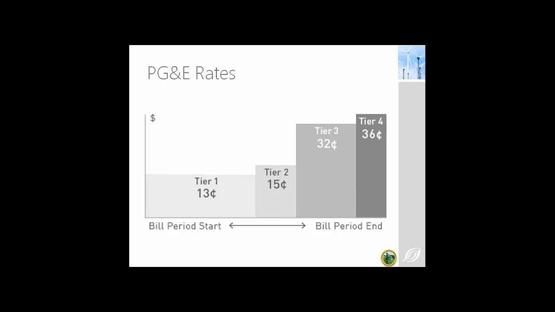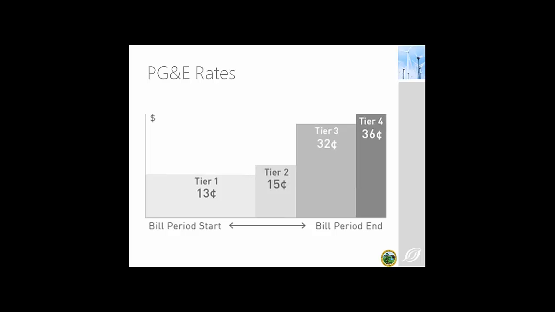So this slide is going to be slowly out of date, coming soon, but this is currently how the tiers and pricing work for PG&E's energy for your home. The energy you use at the beginning of the month is going to be less expensive than the energy you use at the end of the month. As you move from left to right, you're moving from Tier 1 to Tier 2, and it's basically disincentivizing you from using energy, reaching into that third tier or that fourth tier.